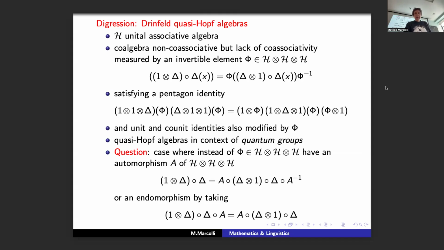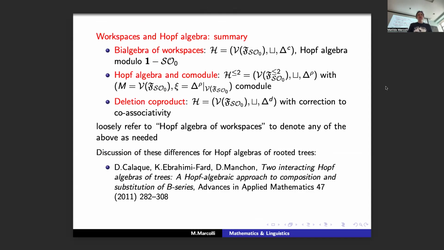Okay, so these are these different forms. This is the quick summary. If you take your binary forest, non-planar binary forest, with disjoint union as product, and this contraction coproduct, it is a bialgebra, and a Hopf algebra modulo an ideal. If you take this other coproduct and you allow the non-branching vertices, then it's a Hopf algebra, and the space that you want becomes a comodule over this Hopf algebra.